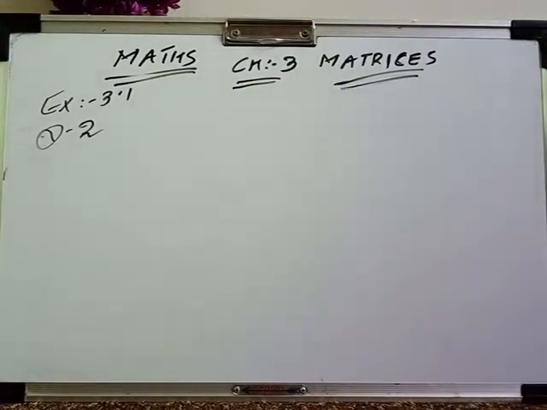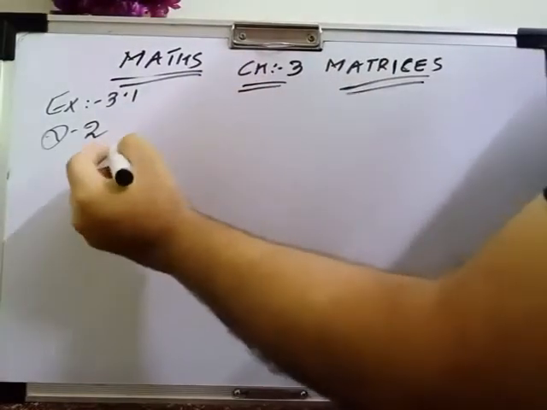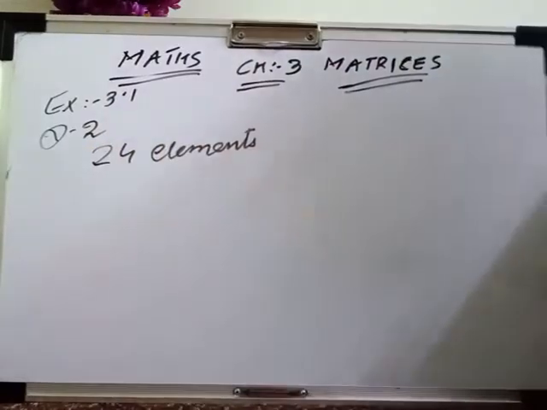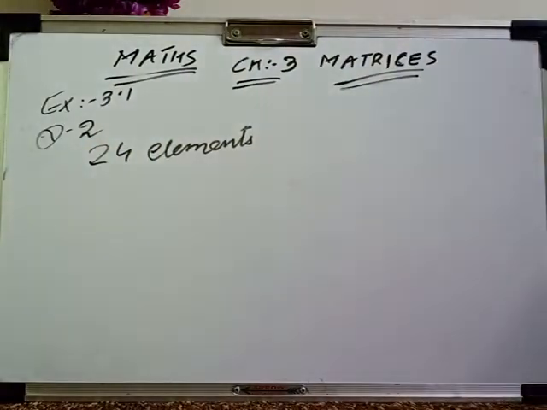Let's understand the second question, where we are asked to write the order of the matrix having 24 elements. If you want to settle 24 elements in a matrix, then different cases can be considered.